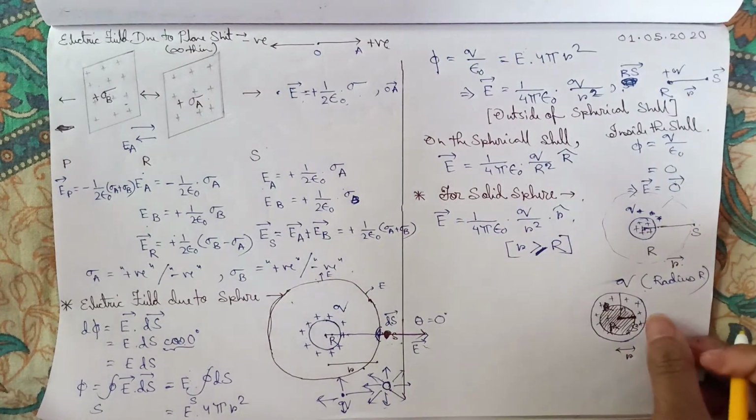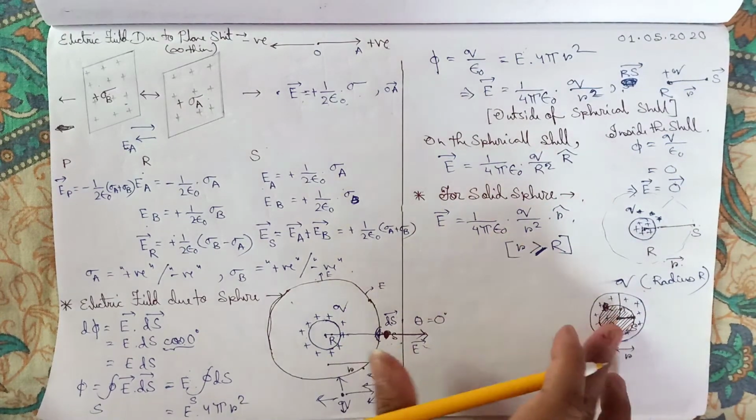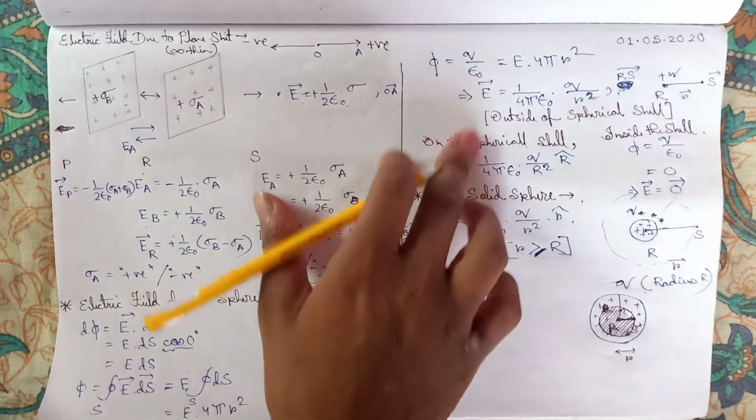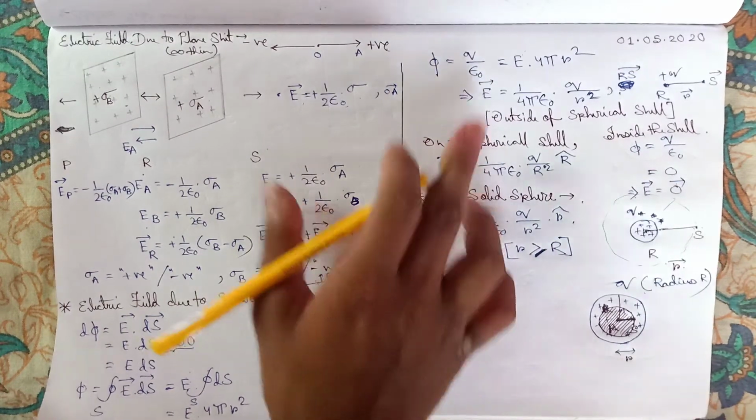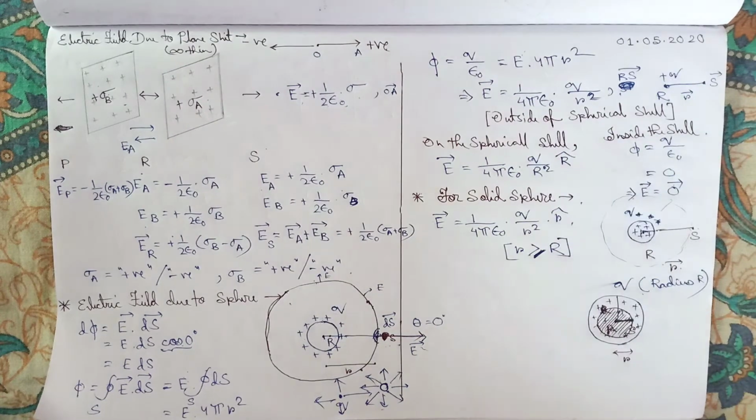So to find the field at point S, which is inside this sphere, we will not apply Gauss law as Q by epsilon naught. Instead of Q, we have to find the effective charge. So what will be the effective charge?